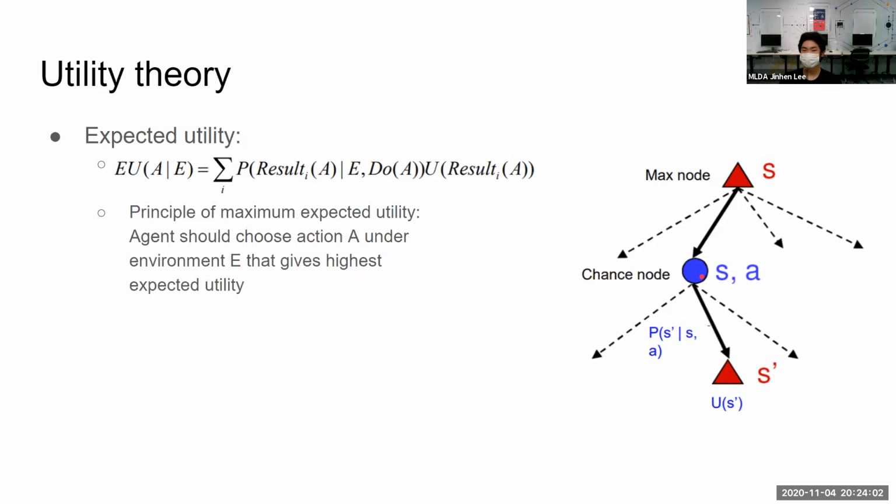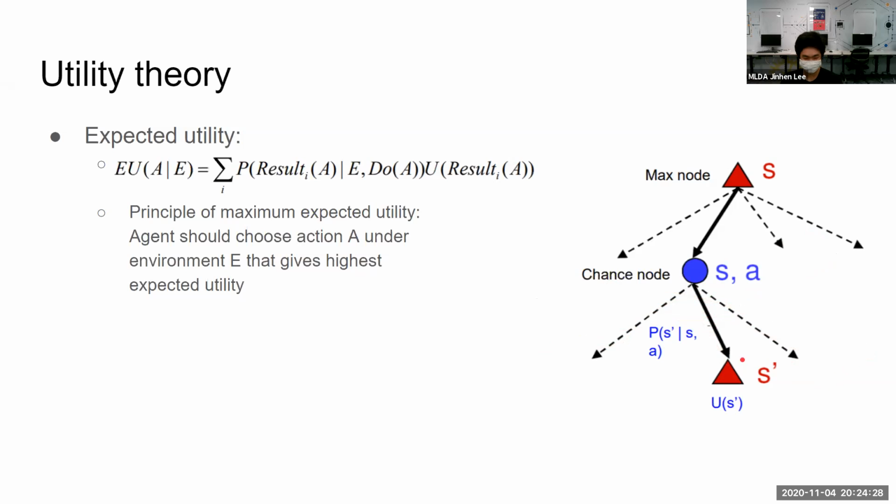For example, I decide what I want for lunch. I go North Spine, so my action is to go to the North Spine canteen, but I still have a lot of results or choices. For example, this one is mala, this one is ban mian, this one is Thai fan, or Western food.